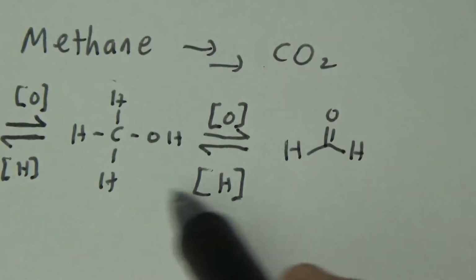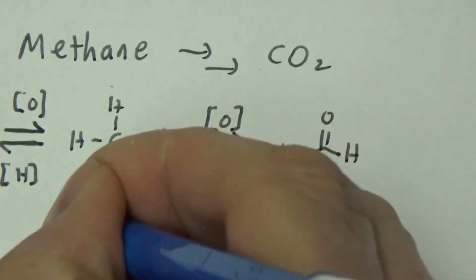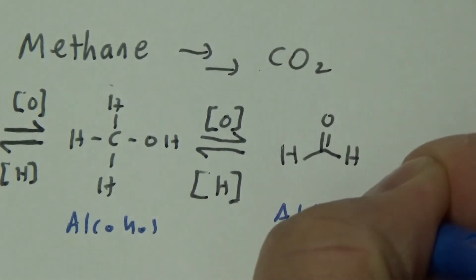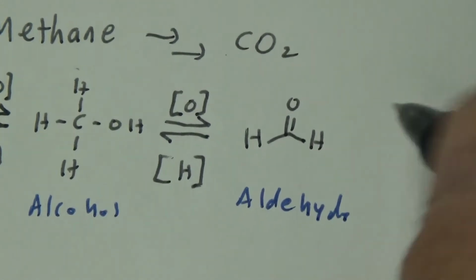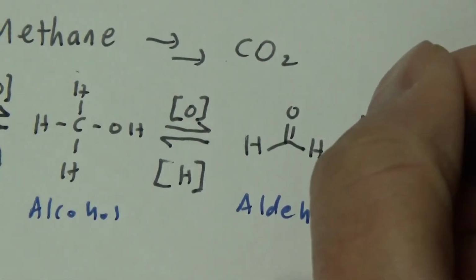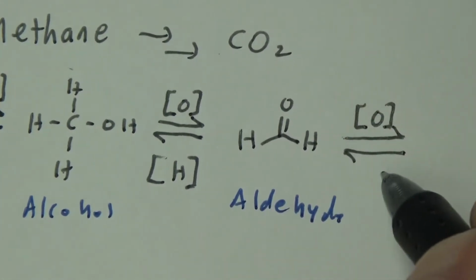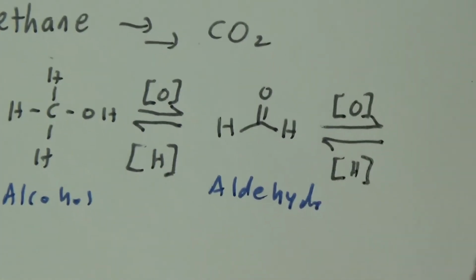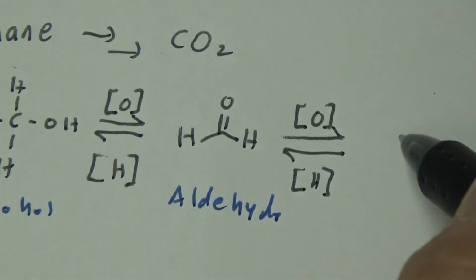Alright, so alcohol, aldehyde, specifically this molecule is called formaldehyde. Okay, can we keep going? Yeah, we can totally keep going. Oxidize from 2 bonds to oxygen to 3 bonds to oxygen. And we can go backwards too. What do you get if you oxidize from 2 bonds to oxygen to 3 bonds to oxygen?